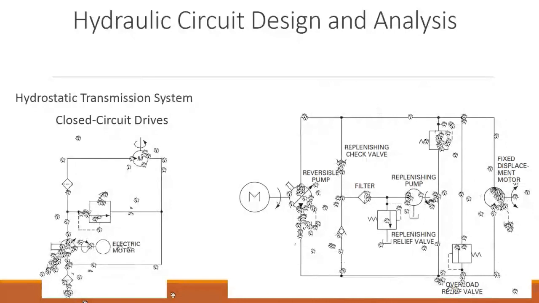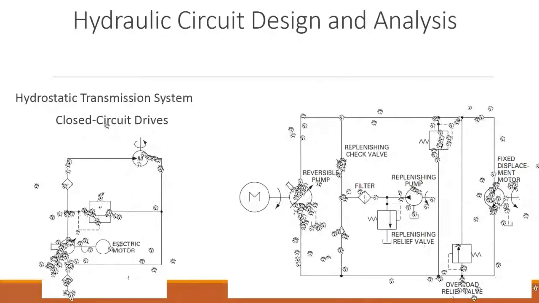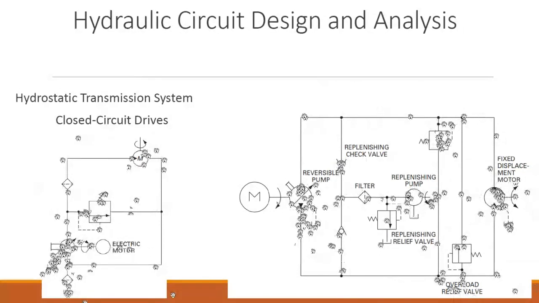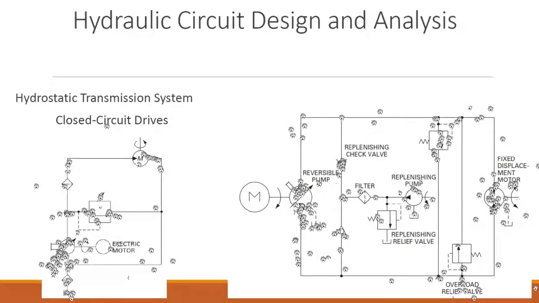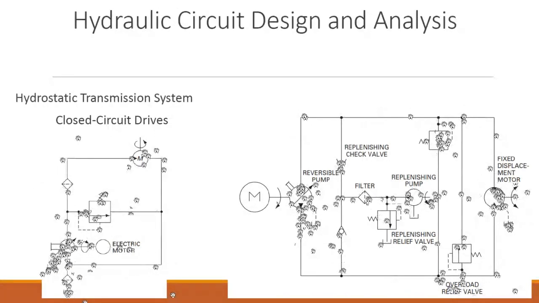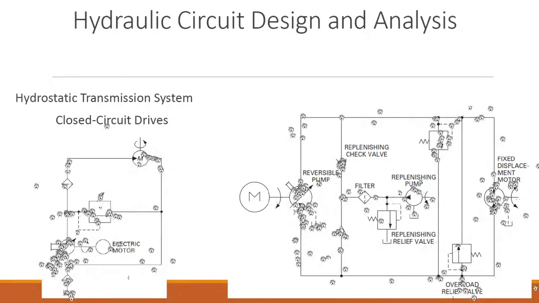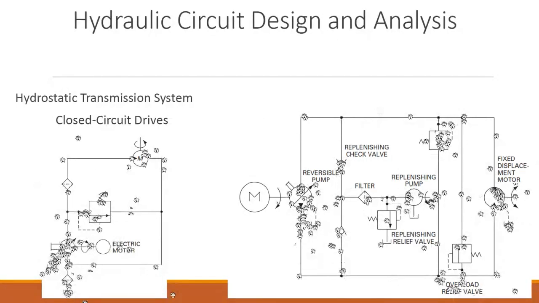So this replenishing oil, to satisfy the lost oil quantity, will go from here and push this one, because this is the low pressure side. It will push this one and go freely and enter into the circuit.